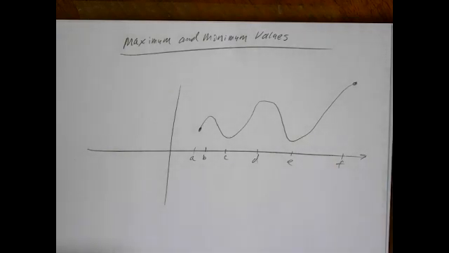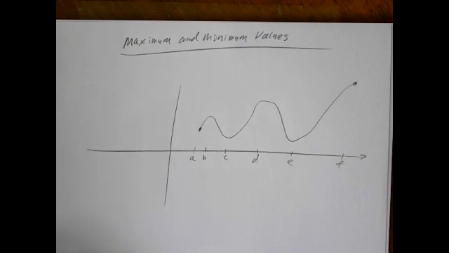All right, so what we have here are examples of both absolute and local extrema. First of all, the absolute. The absolute max is going to be the absolute largest value that the function takes on over its entire domain.